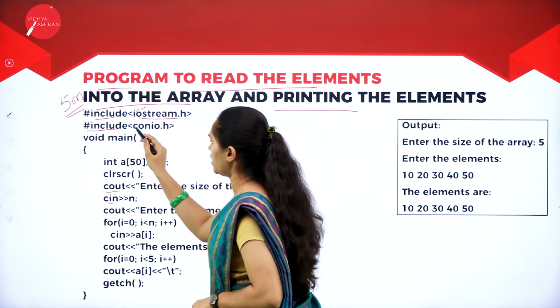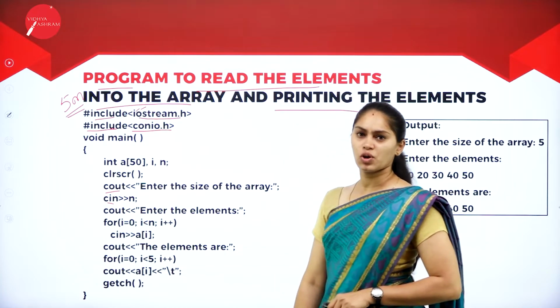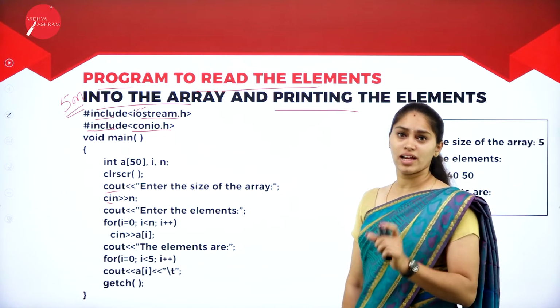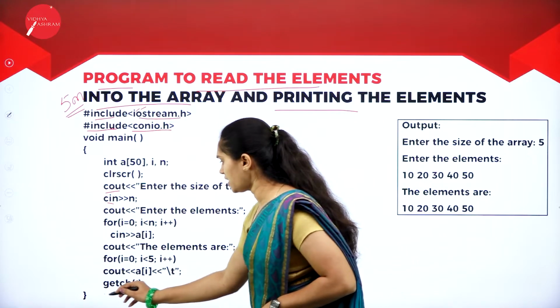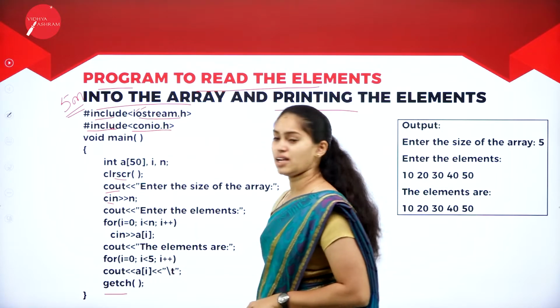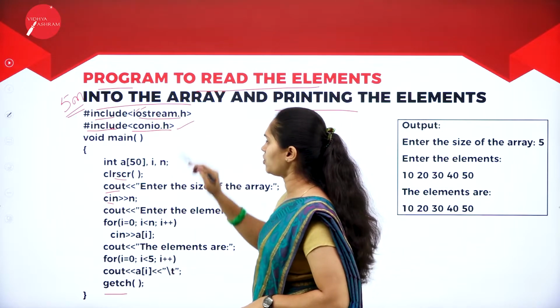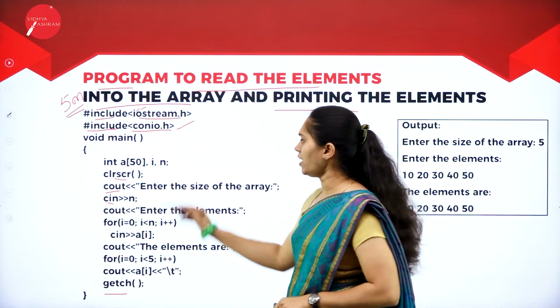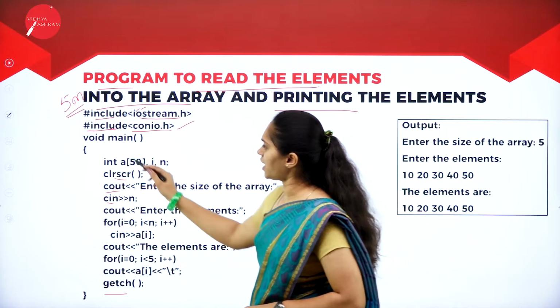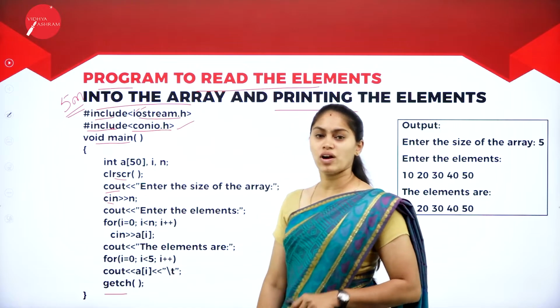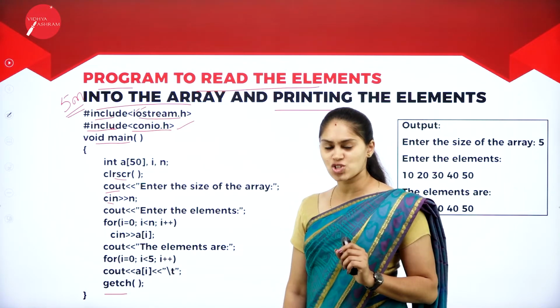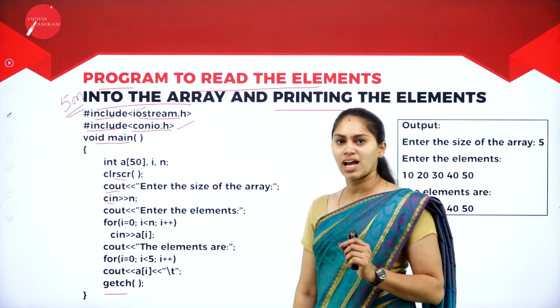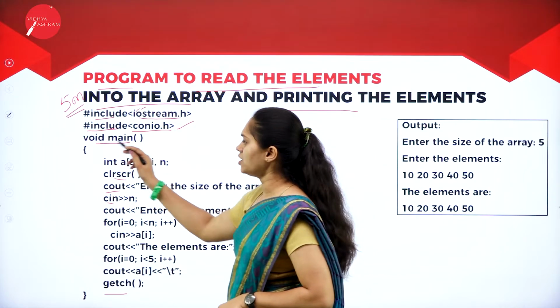Next, #include conio.h, that is console input output. When we are using getch and clrscr in our program, then it is mandatory to have this conio.h. Next, I have the main function, void main, where the actual execution of a program is going to start.